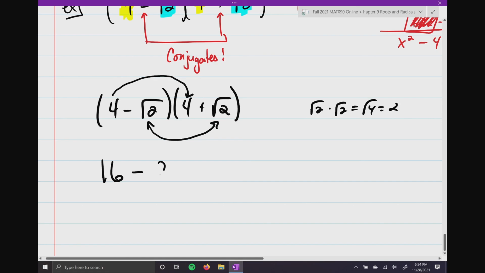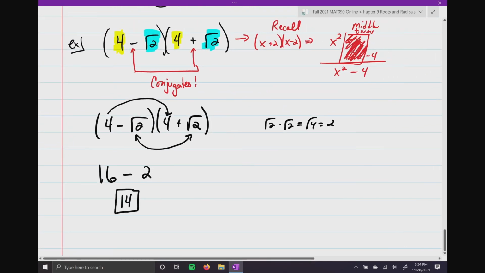So it's just 16 minus 2. And 16 minus 2 is 14. And that's why we get really excited when we see these conjugates, because we can just multiply the first terms and the last terms and call it a day.